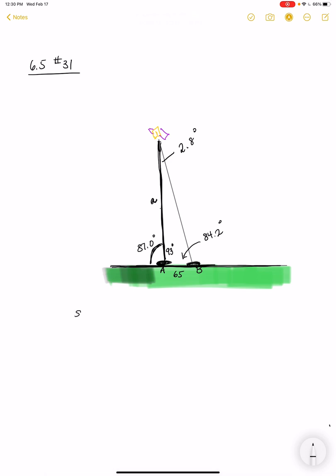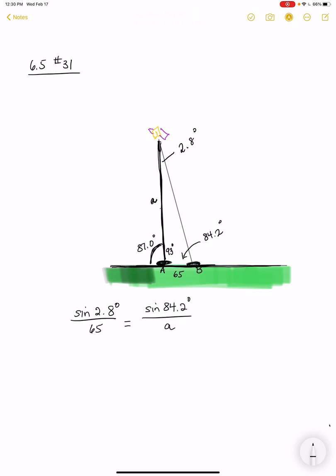The sine of 2.8 degrees over the side opposite of that, which is 65, is going to equal the sine of 84.2, because I'm looking for that side A. I labeled it side A because it was the A part.